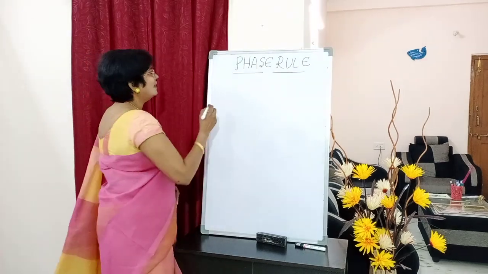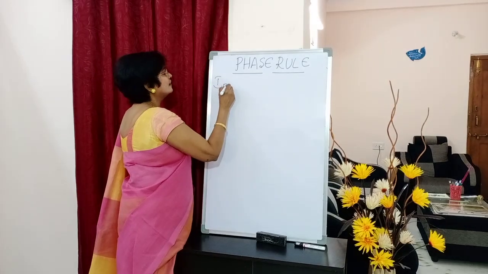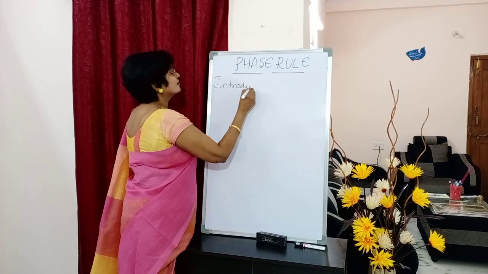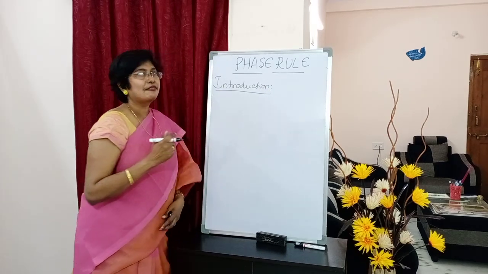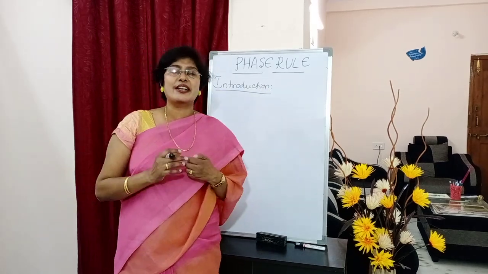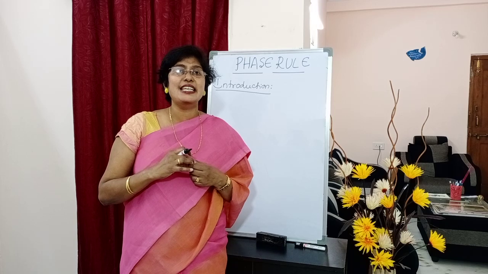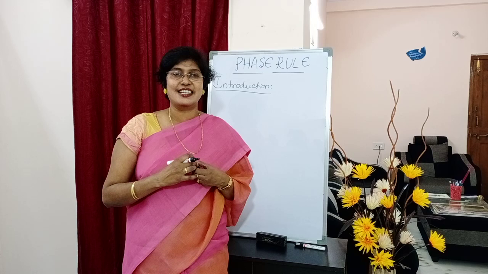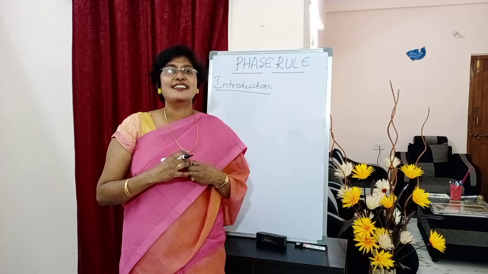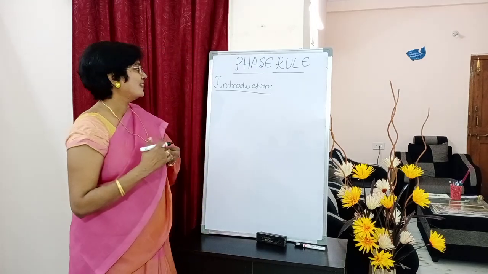So let us do some introduction. Generally, for each and every chapter, if we know some introduction, then it will be easy to learn the topics. So what is the introduction for this chapter, that is phase rule?